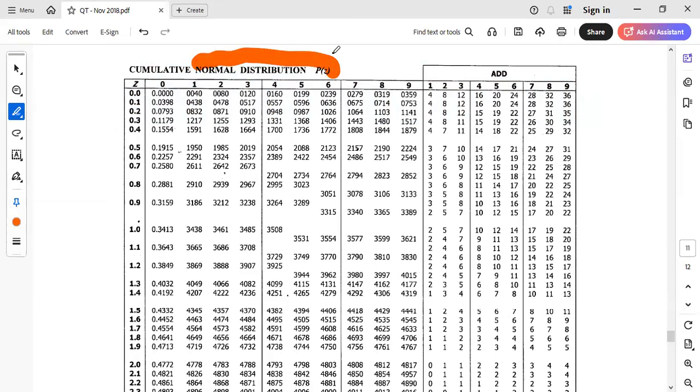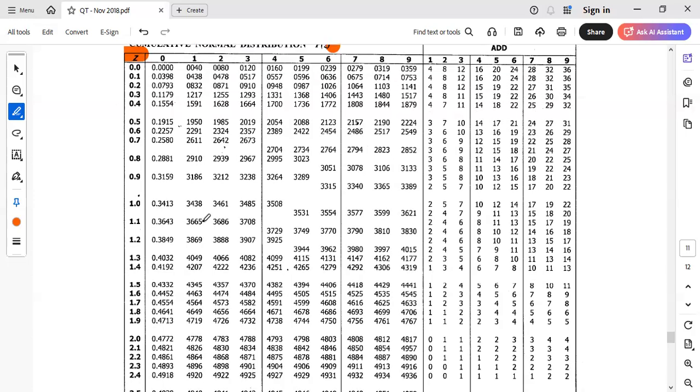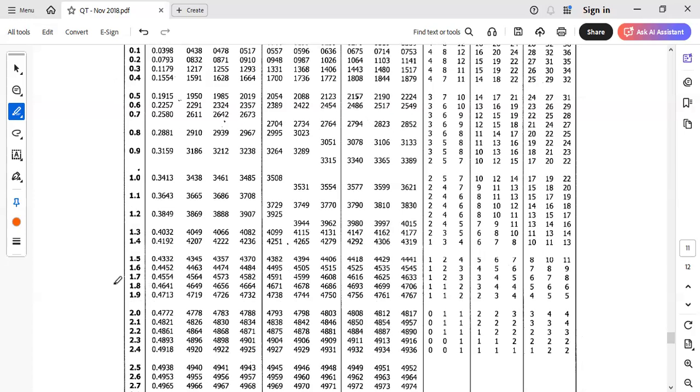So what is the value of Z? You first deal with the first two digits. It is 1 point what? The first value is 1.7. So look for where 1.7 is. It is here. This is 1.7.